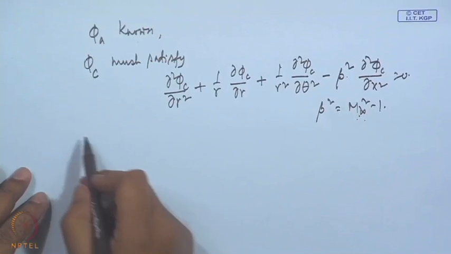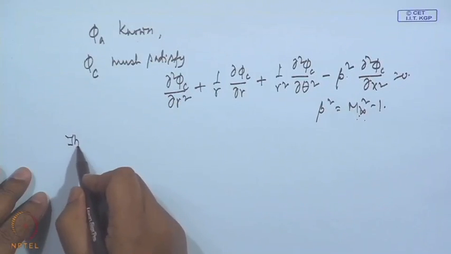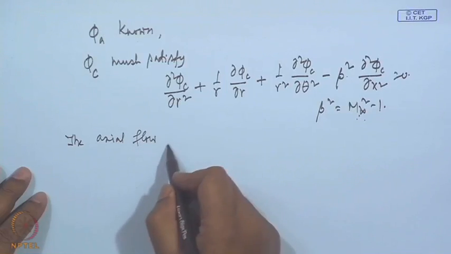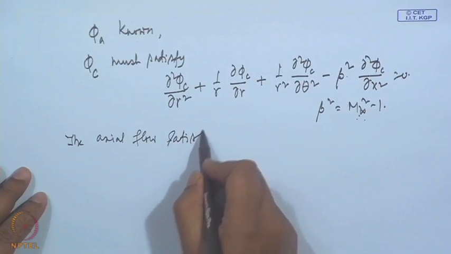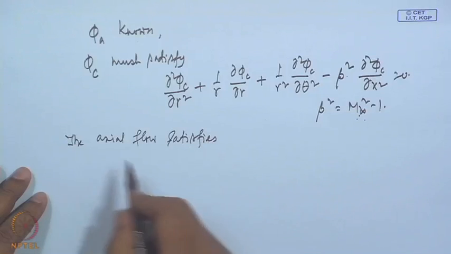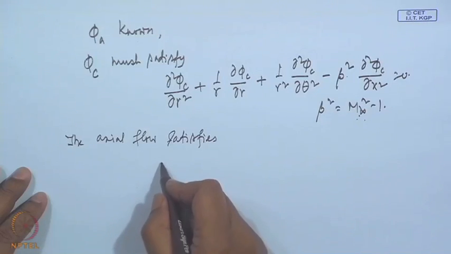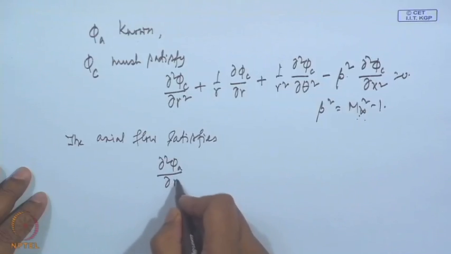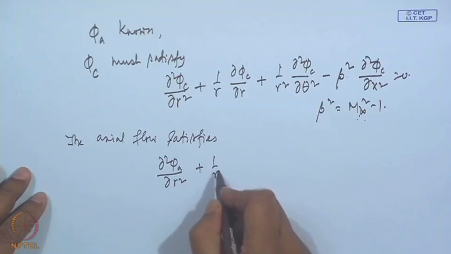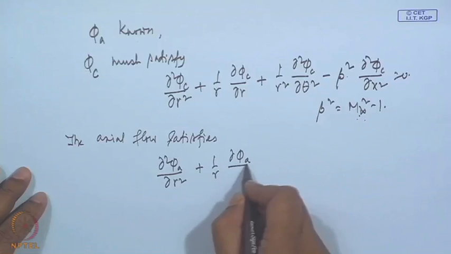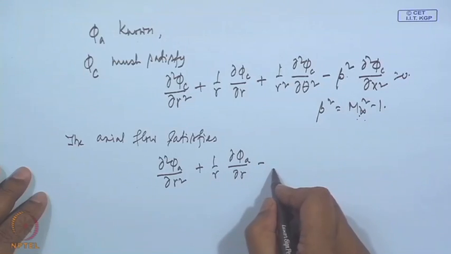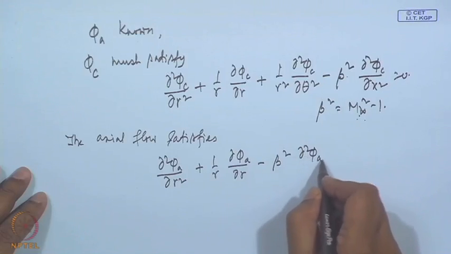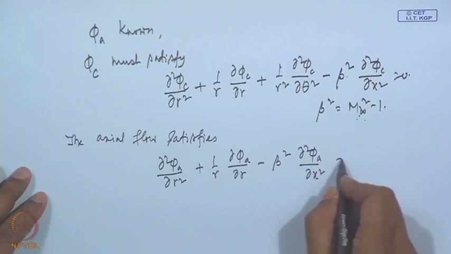Now, the axial flow satisfies the governing equation d2 phi a by d r squared plus 1 by r d phi a by d r minus beta squared d2 phi a by d x squared equal to 0.